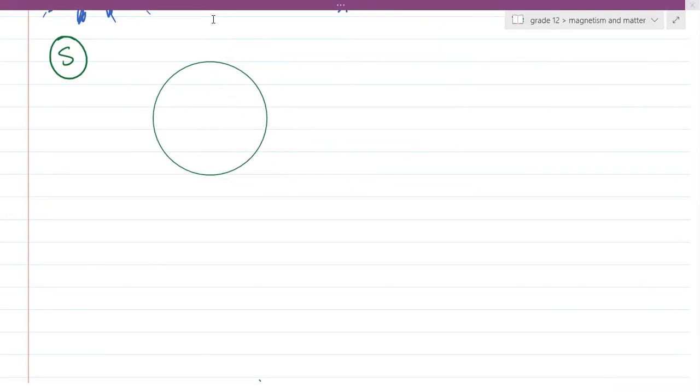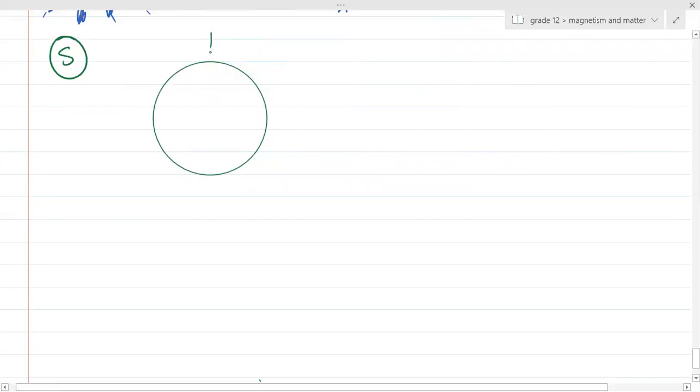This is the axis of rotation of Earth. Do you remember this? What is this equator? This is your geometrical equator.